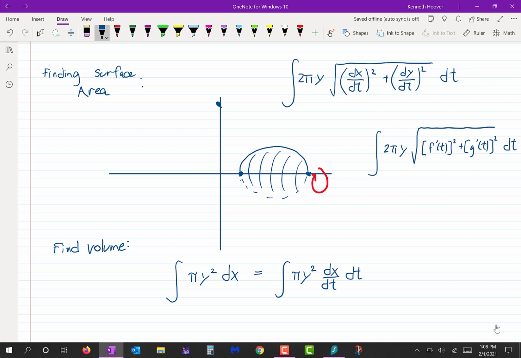In prime notation, I would write it like this: pi g of t squared f prime of t dt.